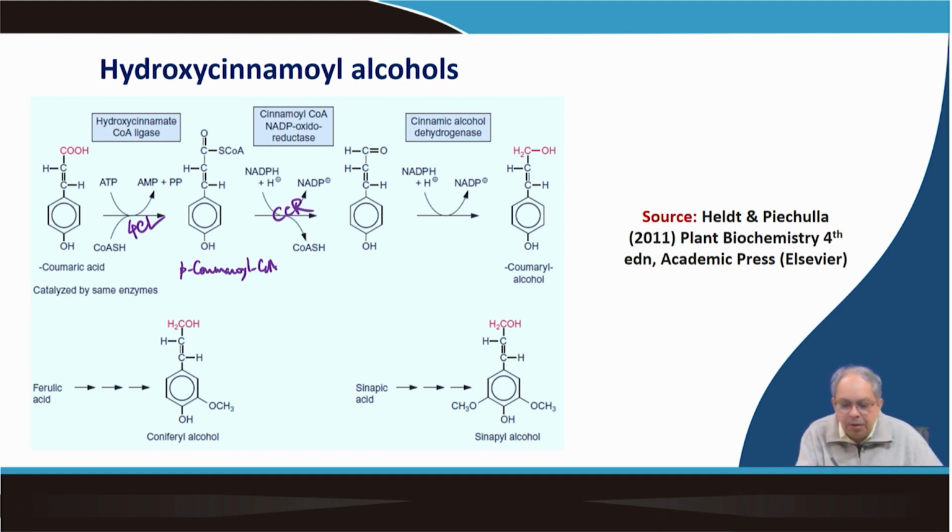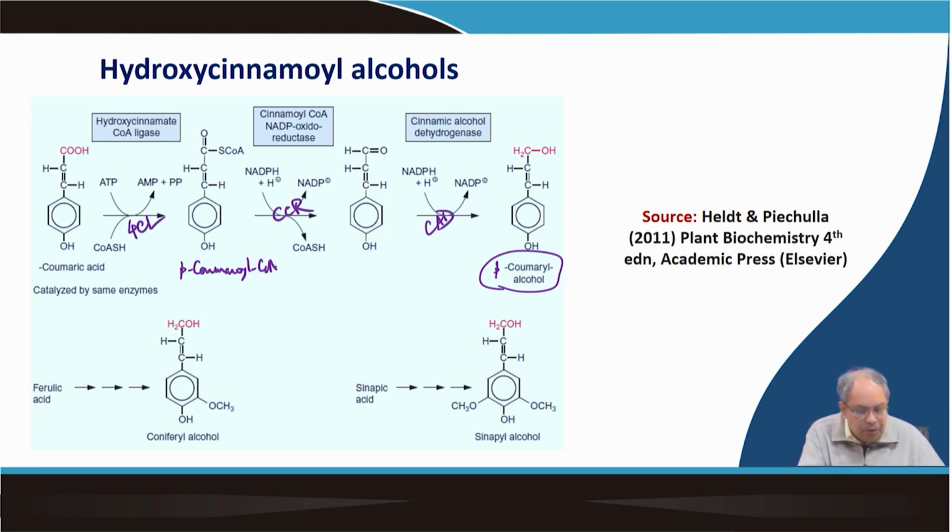This is coumaraldehyde, and then on coumaraldehyde there will be the action of CAD, alcohol dehydrogenase, which eventually forms coumaryl alcohol or paracoumaryl alcohol, and this constitutes one of the units of the lignin monomer. So, this is called monolignol.